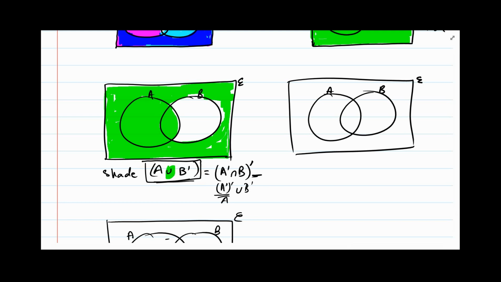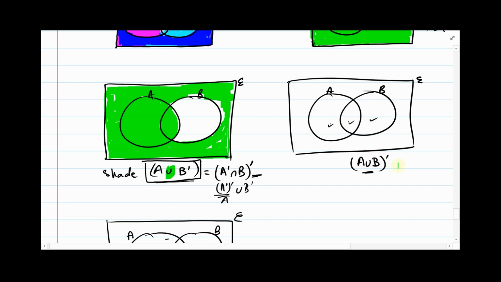There isn't that much that we can ask with just two sets, I guess. So let's say that I have A union B complement. A union B would have been these three regions shaded. So if I'm working inside the bracket, A union B was the three regions I'm indicating here.